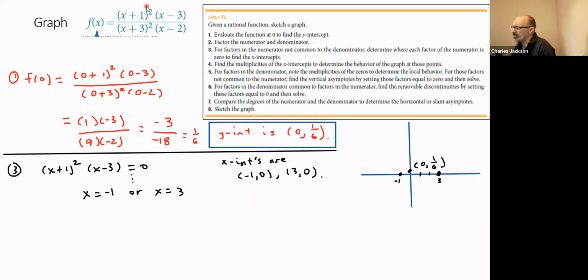The power there is 2, so the multiplicity is 2. And since this is the first power of x minus 3, the other one has multiplicity 1.